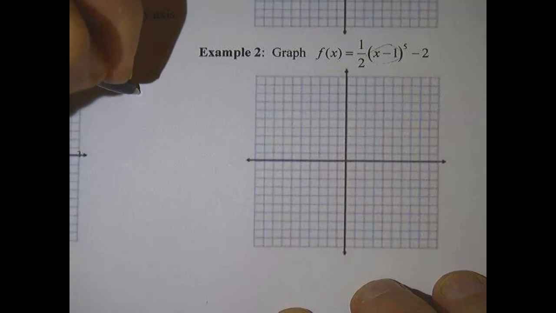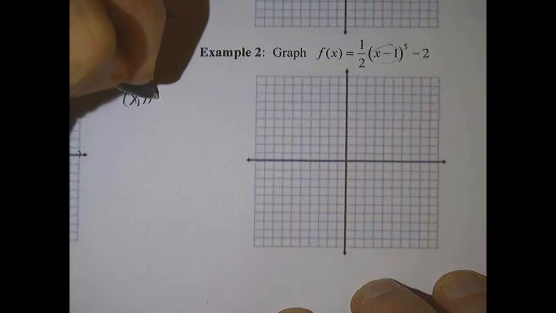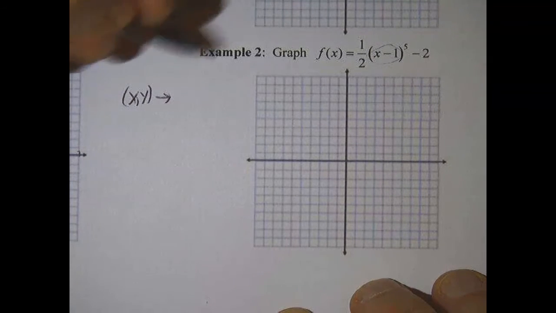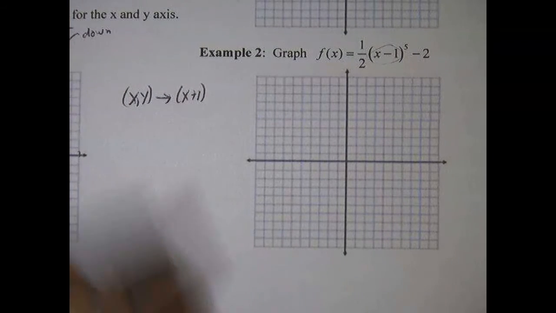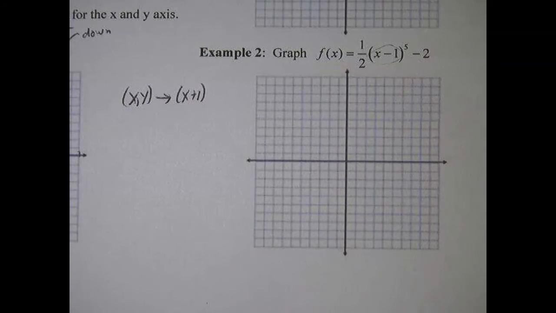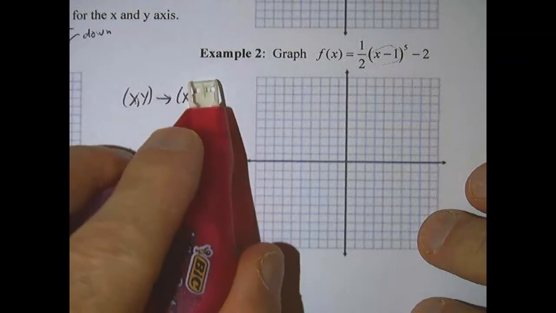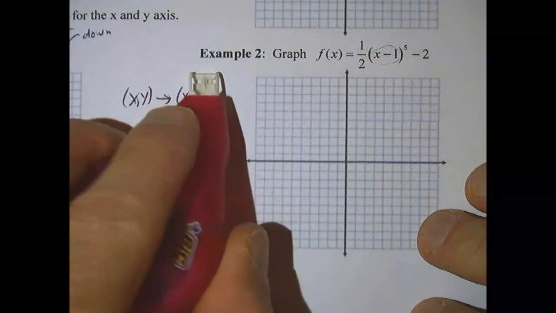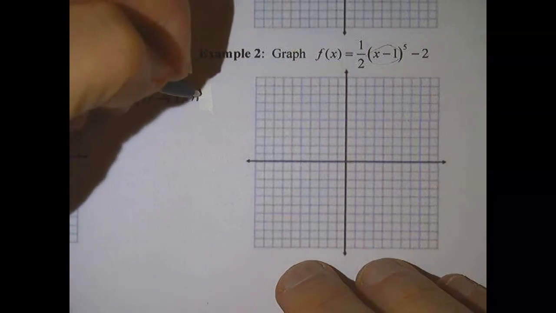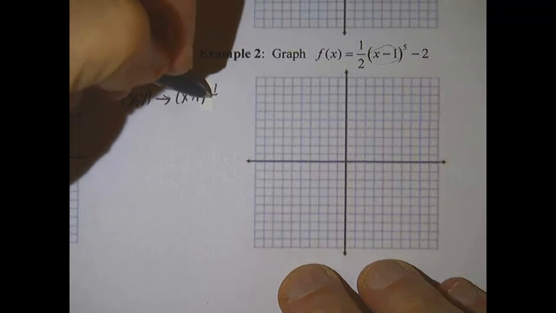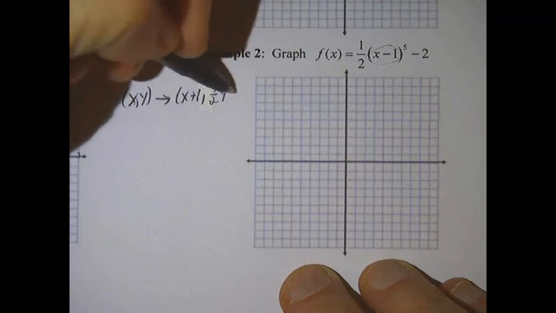So I'm going to use x, y goes to the inverse of x minus 1, which is x plus 1, and then the y is going to go to 1 half y minus 2. Okay. So x plus 1 and then 1 half y minus 2.